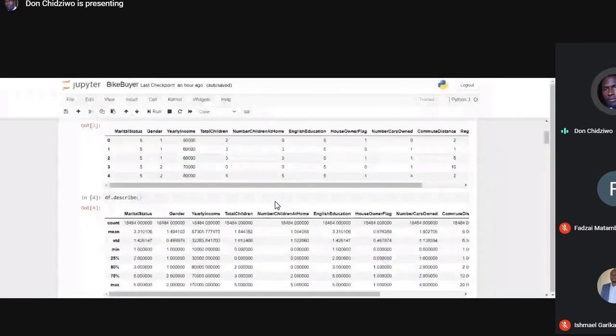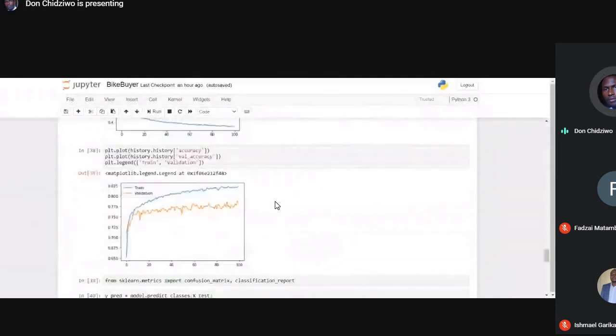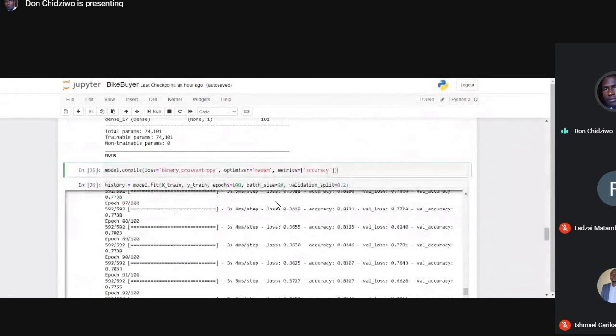Those two lines are supposed to show you an example of a concept called early stopping, or model checkpoint, whereby it monitors.